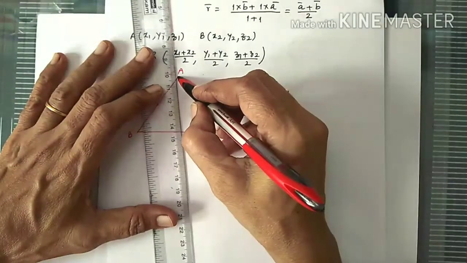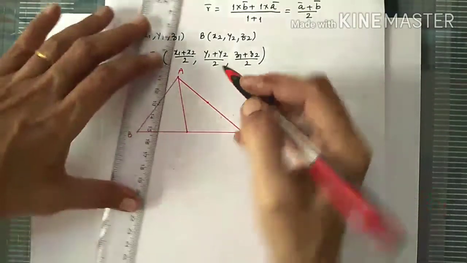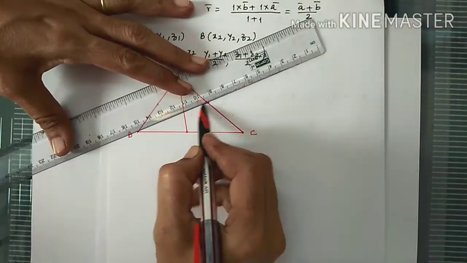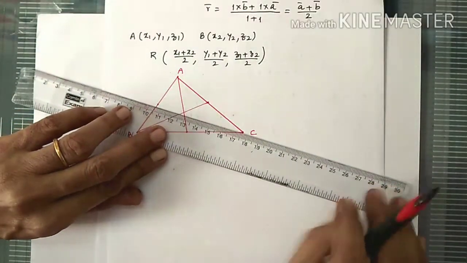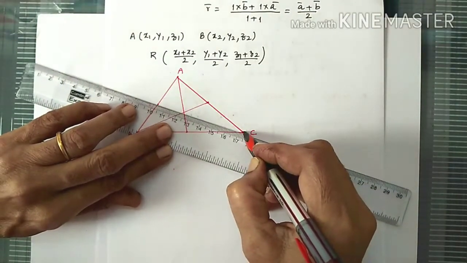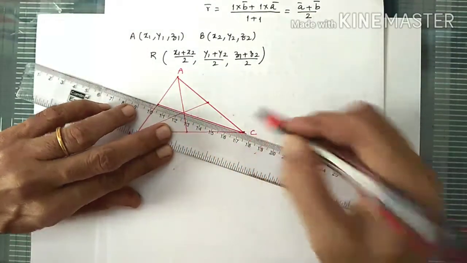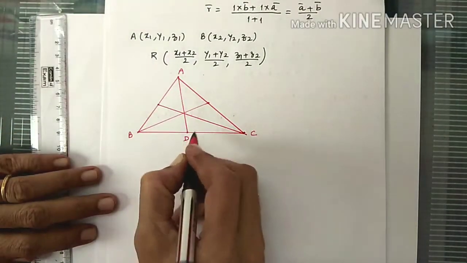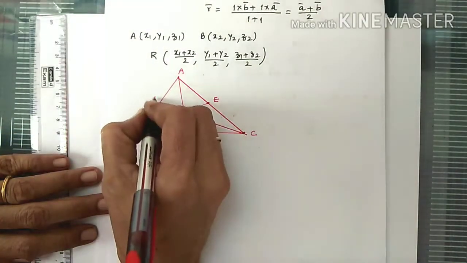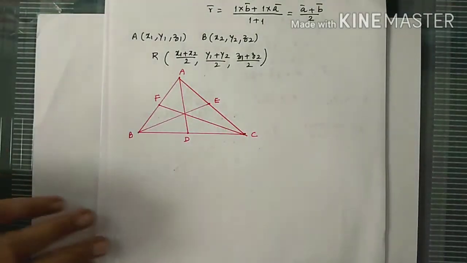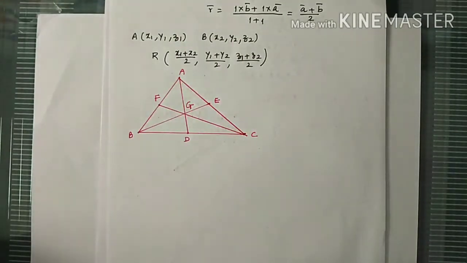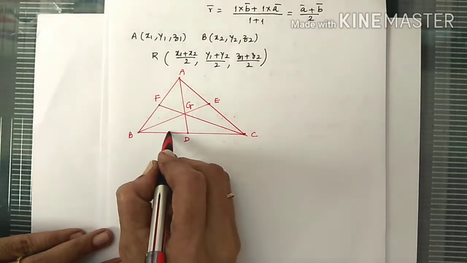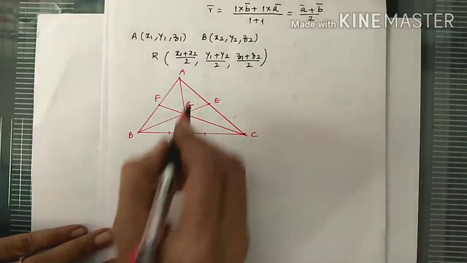Now draw the medians. So these are the medians AD, BE and CF, and point of concurrence of the medians is centroid of the triangle, G. Now, to prove the centroid formula, first of all, D is midpoint of BC.